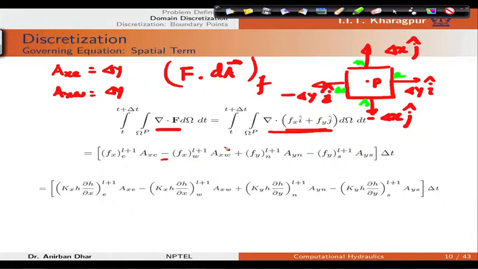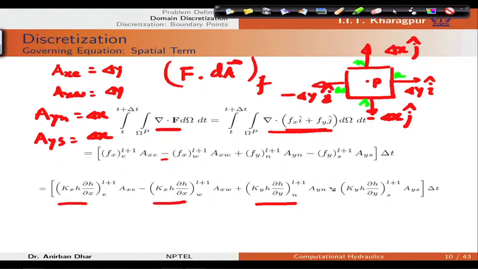because negative sign is already there. So, we should not consider this thing. So, AY north again del x, AY south again this is del x in this case. So, we have discretized the second term in terms of these derivatives, east, west, north, south and del t will be there.